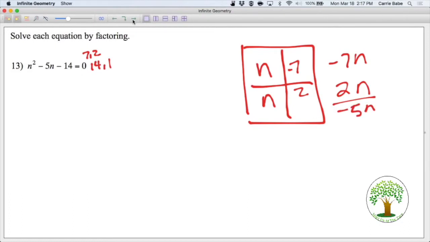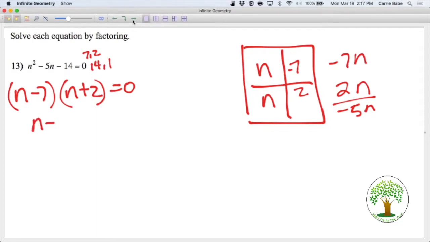So we're not done this time after we factor, though. We're going to have 0 equals n minus 7 times n plus 2. If you can't jump to the answer right here, that's not a problem. You could write out n minus 7 equals 0 and n plus 2 equals 0 if you need to.